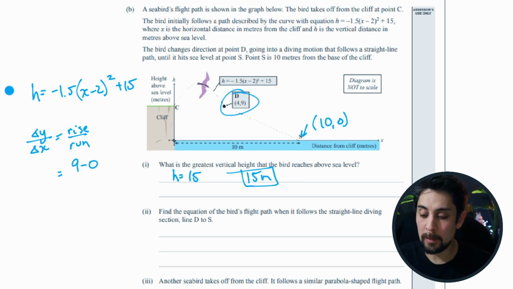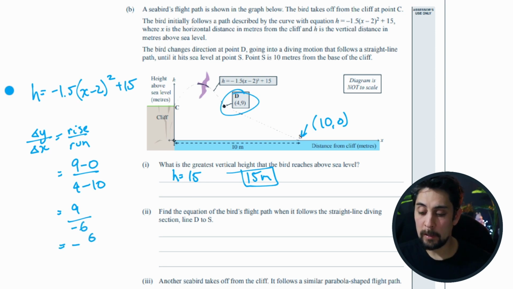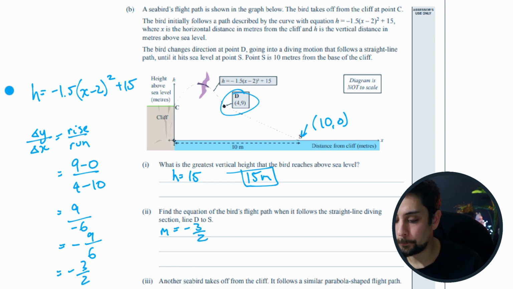So we have 9 minus 0. And then our run from left to right is 4 and 10. 4 minus 10. 9 minus 0 is 9. 4 minus 10 is negative 6. So we end up with negative 9 over 6 or negative 3 over 2. So our gradient is negative 3 over 2.